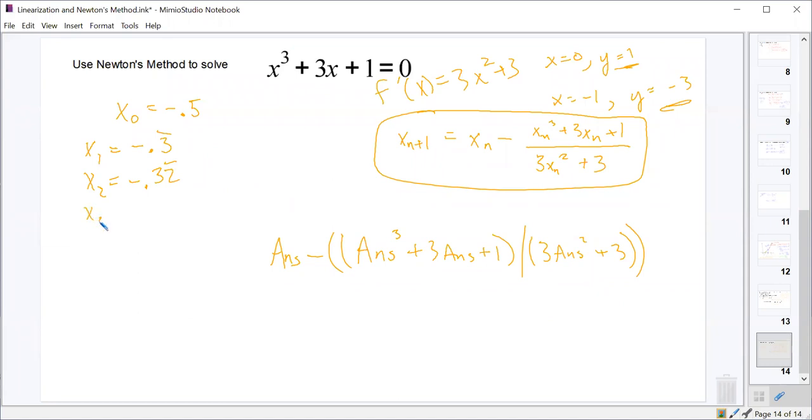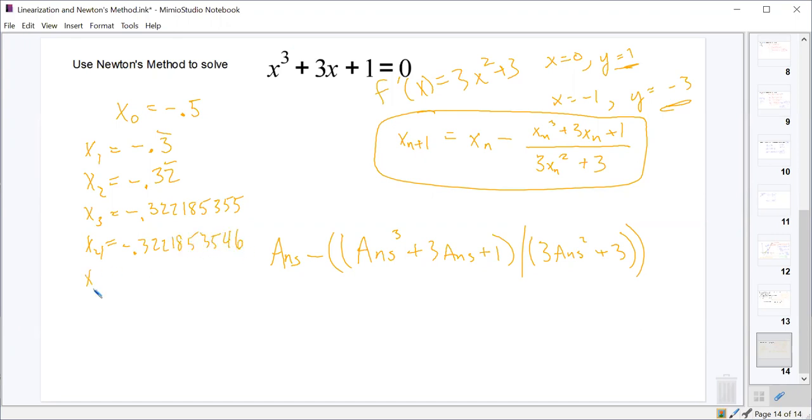This is your next x-intercept guess. 0.322185355. Okay, hit enter again. 0.31853546.